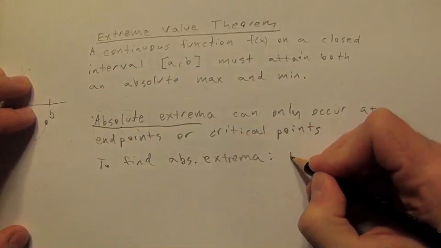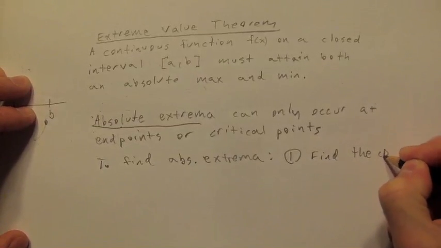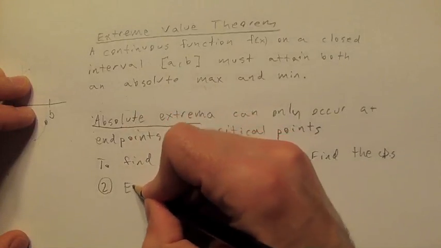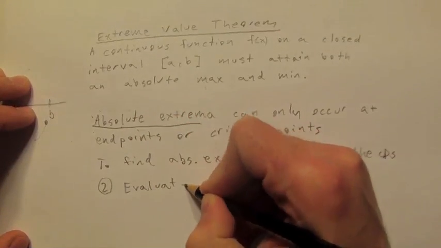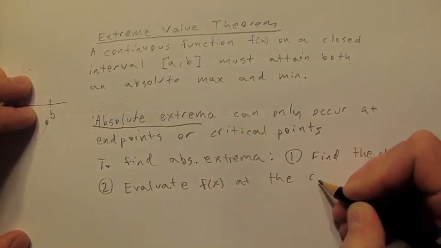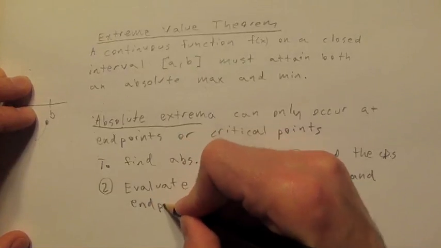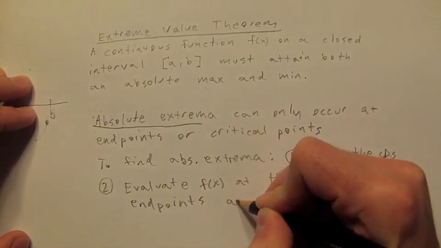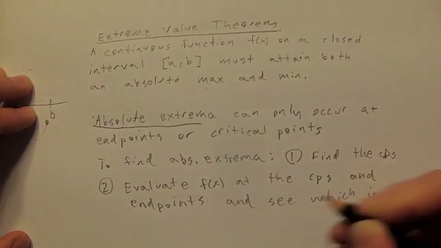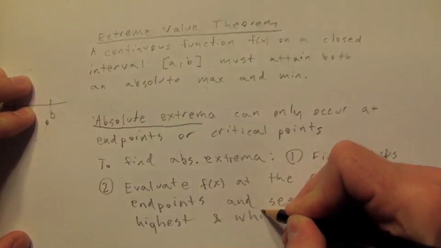okay, basically, one, you find the critical points. Okay. Then two, you evaluate f of x at the critical points and endpoints and see which is highest and which is lowest.